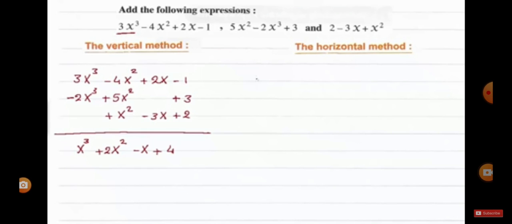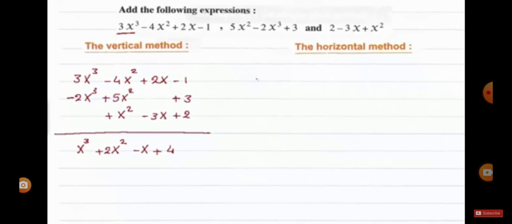Then put positive 3 under negative 1. Last expression, I put positive 2 under negative 1, negative 3x under 2x, positive x power 2 under 5x power 2, and I don't have x power 3, it's okay, no problem. Make a space.